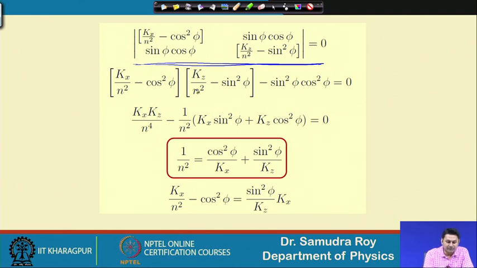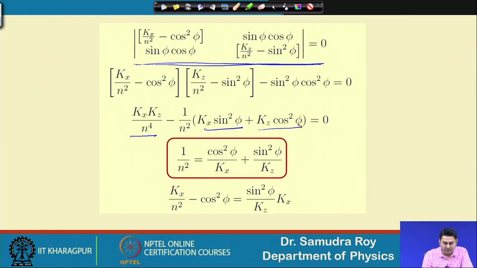And then if I simplify these things multiplied by these things, we have kz kx divided by n to the power 4, then kz n square cos theta cos square theta, and kz kx n square sin square theta. So, if I take 1 by n square common, then we have kx sin square theta and kz cos square theta.